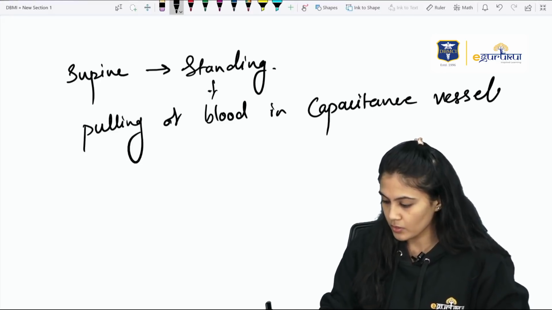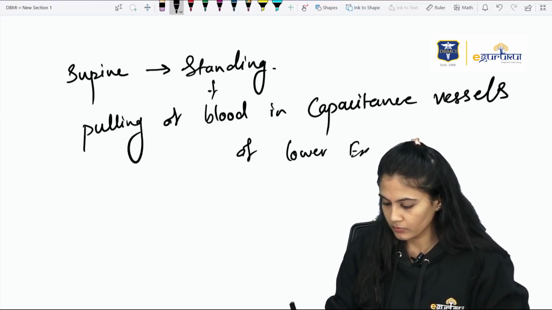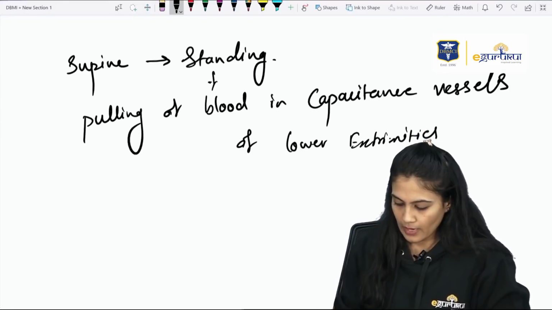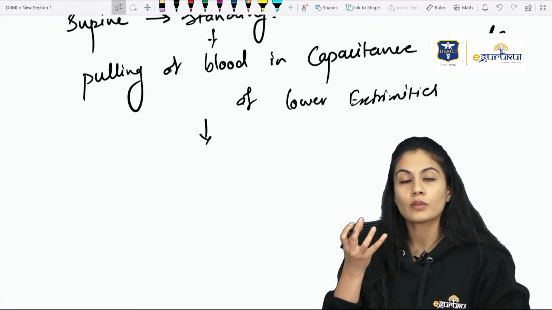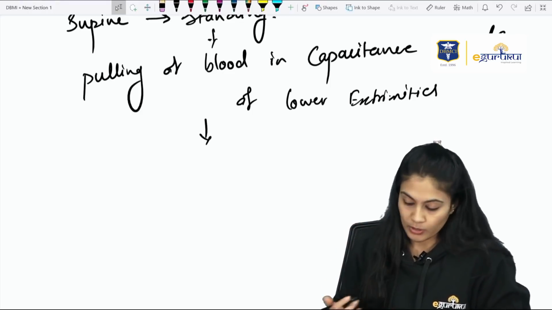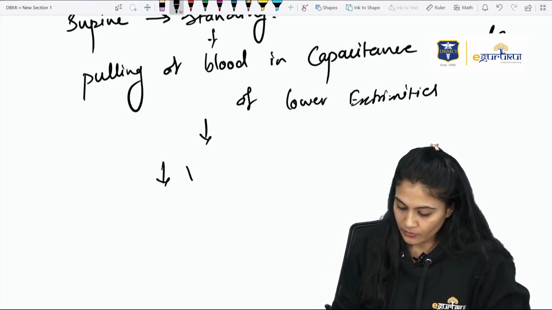Because of that, the blood will stay inside the lower extremities, so there will be a decrease in the venous return.